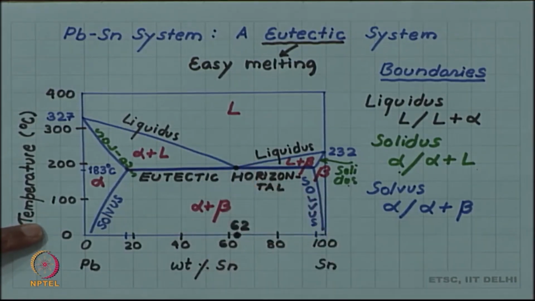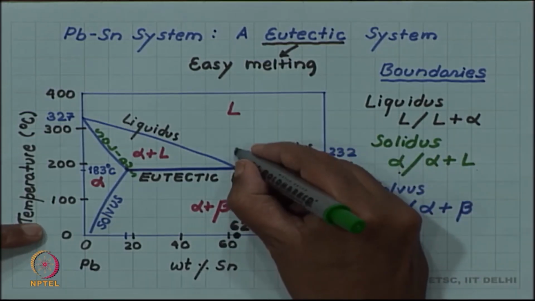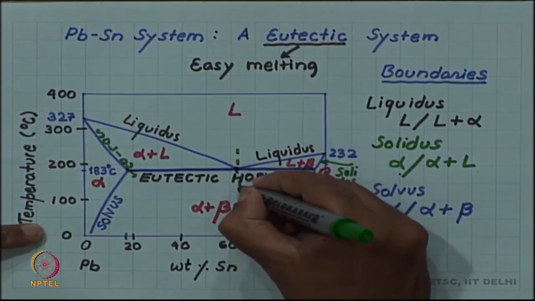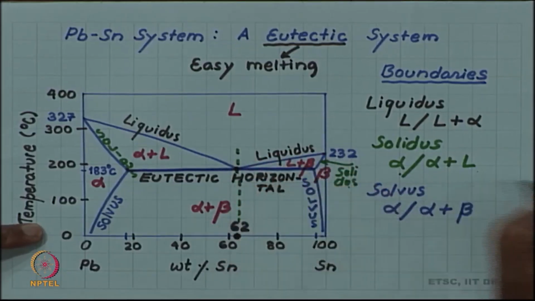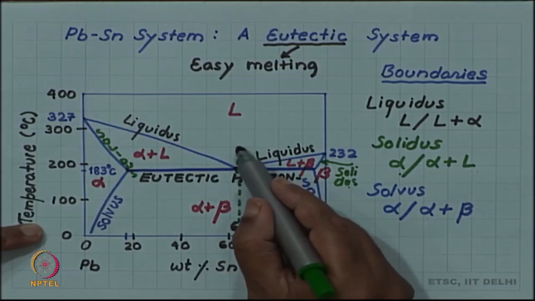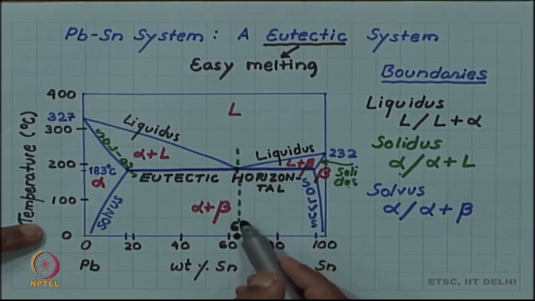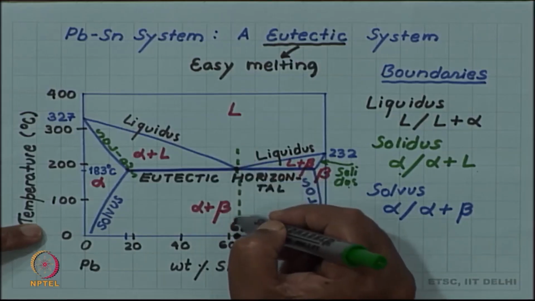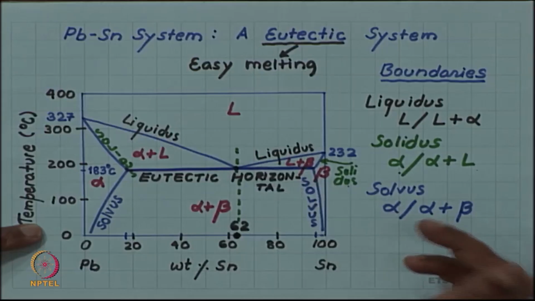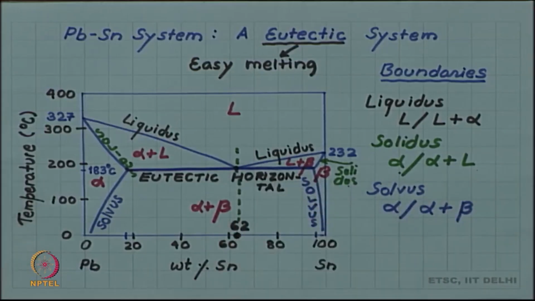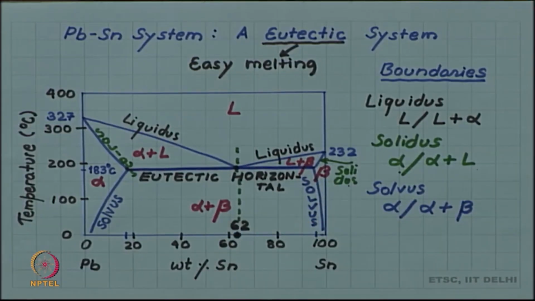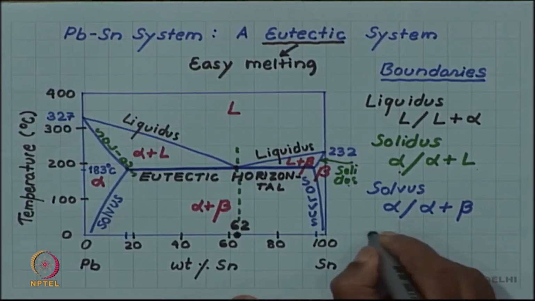That is why I had started at 62, remember. So, at 62 weight % tin you have an alloy which will melt at a very low temperature. So, if I take this alloy, if I draw the composition vertical at that alloy, you can see that this is liquid up to 183 degrees Celsius, and then it will become solid. So, although it is an alloy, it solidifies at a single temperature. So, this specific alloy is called a eutectic alloy.